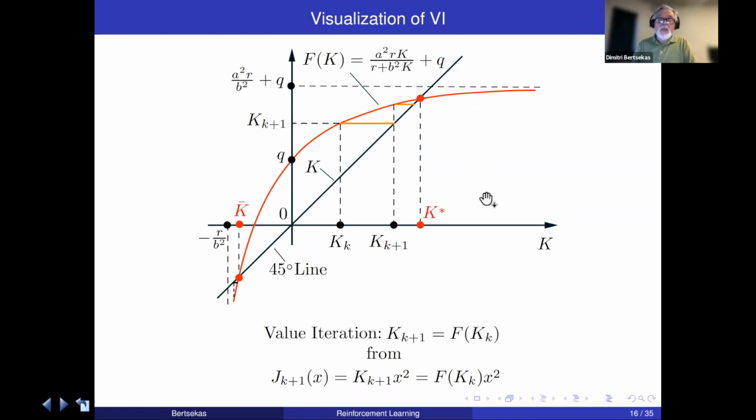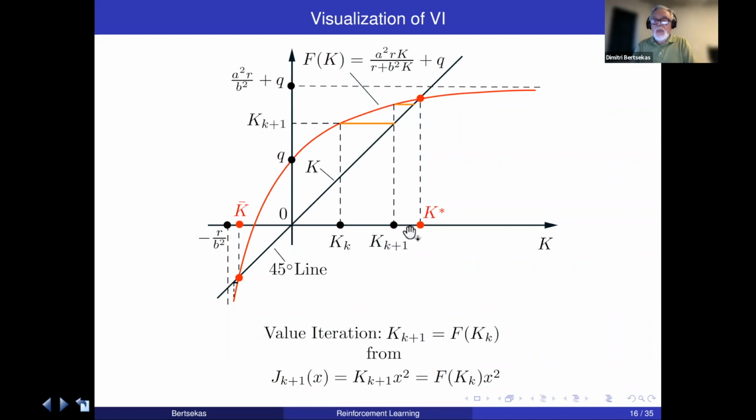So in terms of our figure, here's the Riccati operator, the red curve, the solution, K star, and given the kth iterate of value iteration, K_{k+1} is F of K_k, this level here. We reflect that across the 45-degree line, which gives K_{k+1}. Now, K_{k+2} at the next iteration is going to be this.